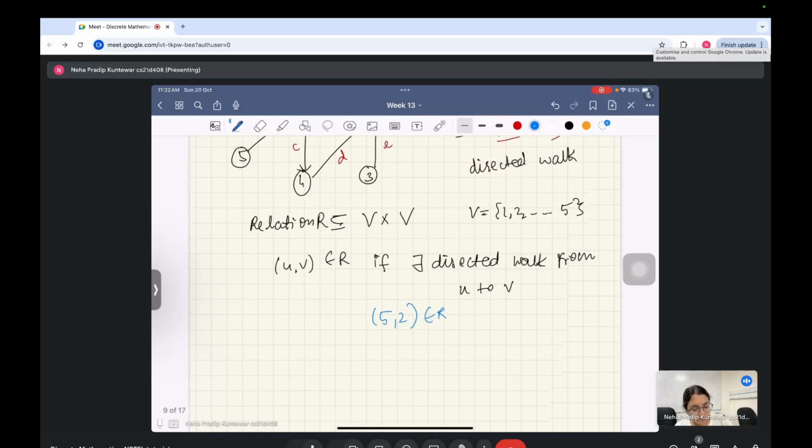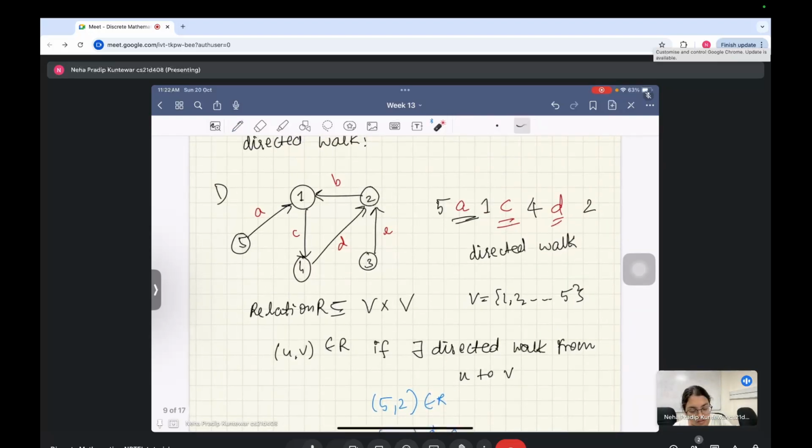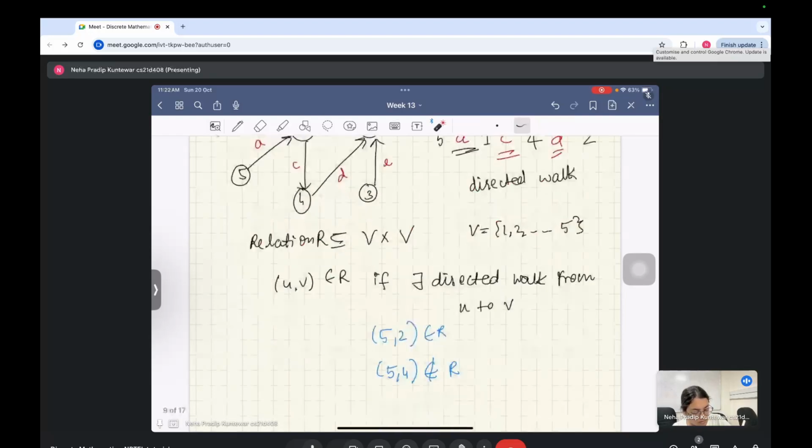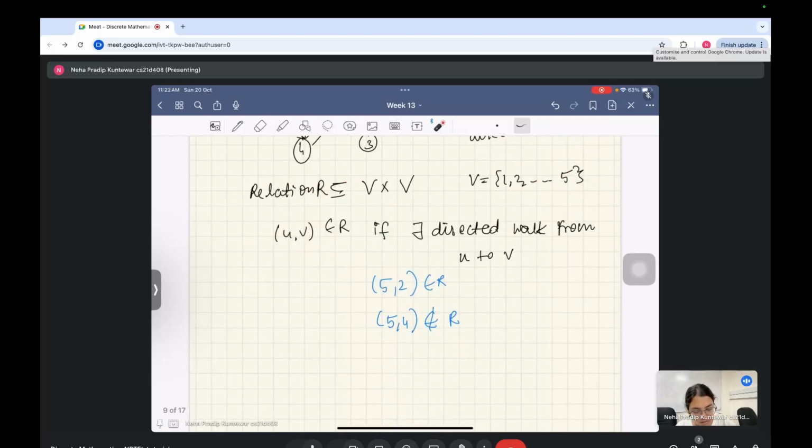But for example 5 comma 4 cannot be in this relation, because there is no set of edges that you can traverse starting at 5. Sorry, not 5 comma 4, I mean 4 comma 5.